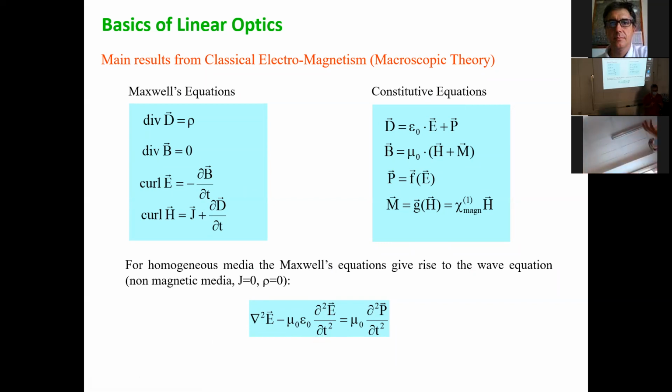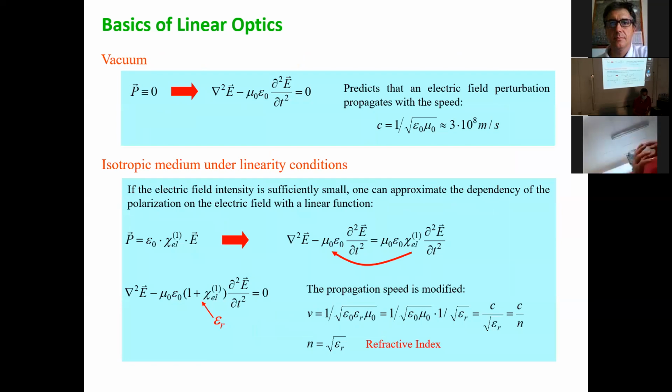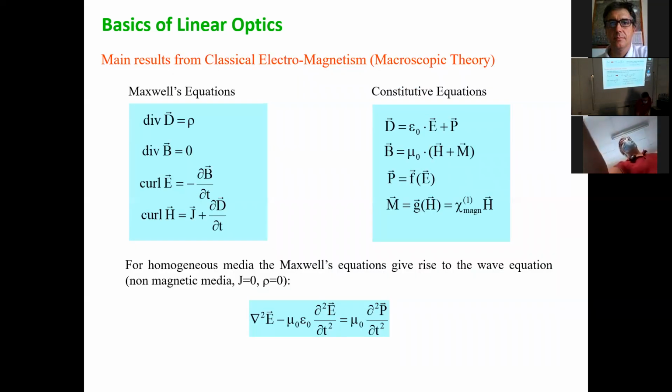So this is a partial differential equation. When you have a partial differential equation and you have a term here that is not depending on the field, then you call it a non-homogeneous partial differential equation. If you are in vacuum, the equation becomes homogeneous. There is no driving term. If you have the equation like this, there is a driving term.